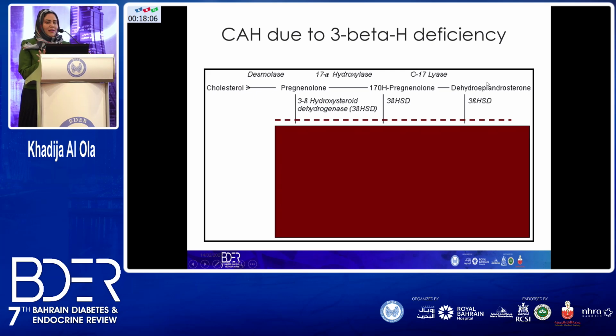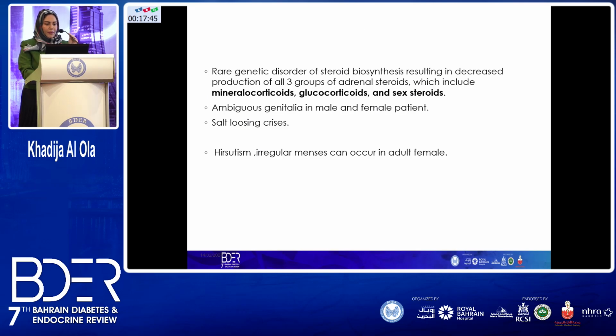This androgen is not strong enough like testosterone in male, so we will have undervirilized male, ambiguous genitalia in male, and it will be high for a female, so we will have ambiguous genitalia in female. Is it clear? Yes. So both male and female can present with ambiguous genitalia.